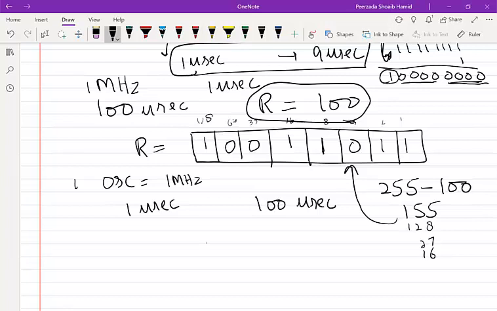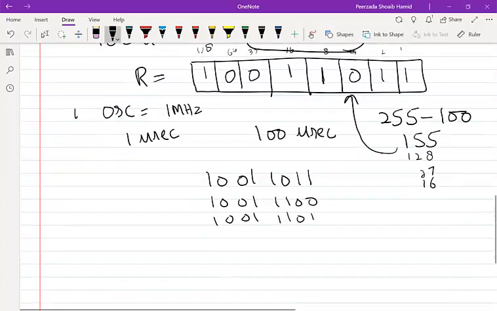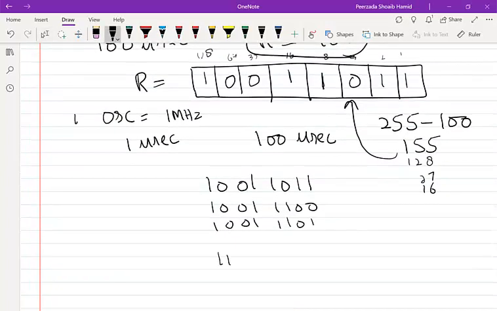So after one increment, it will become 1001 1100, and then 1001 1101, and finally it will be equal to 11111111.